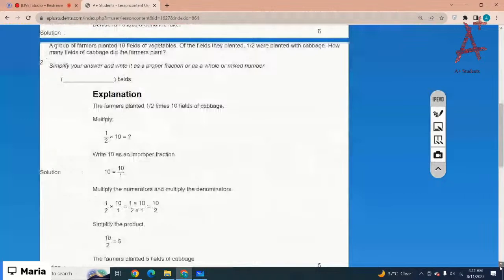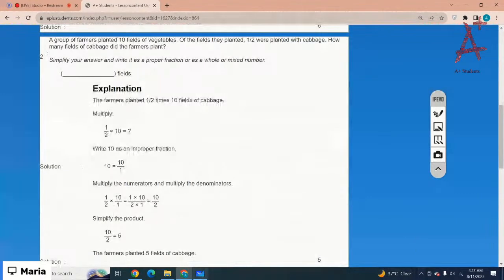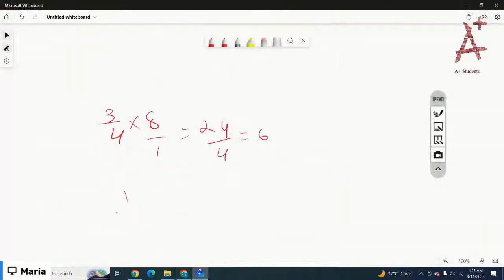So half of them are cabbage, so 1 over 2 times 10. You don't have any denominator for 10, that means it is 10 over 1. So 10 times 1 is 10 and 2 times 1 is 2, so 10 divided by 2 equals 5. So the correct option is 5, right?